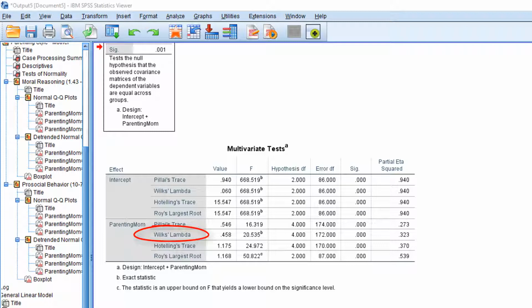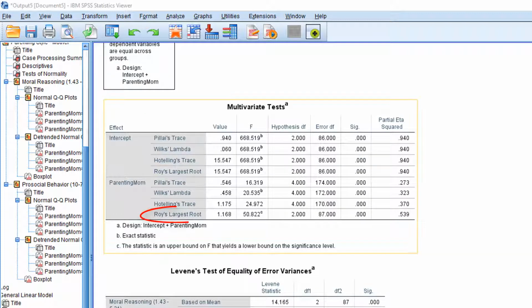Wilks' lambda varies from 0 to 1, and a value of 0 indicates that the group's mean vectors differ, and 1 shows that the group's mean vectors are the same. Hotelling's trace is another choice when the assumption of homogeneity of covariance matrices is not met. The last choice is Roy's largest root, which is conceptually the same as the univariate F statistic.